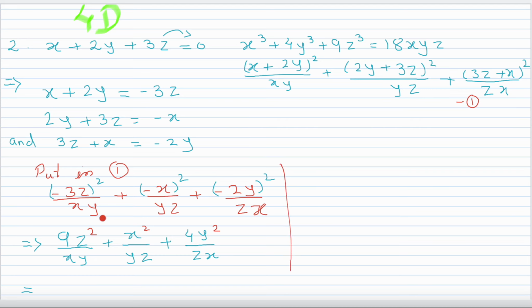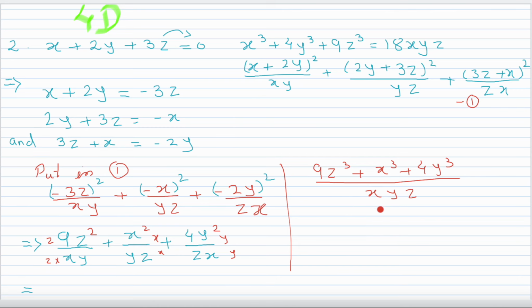Now what I'm going to do, as you can see here z is missing, so I'm going to multiply and divide it by z. Here x by x, here y by y, so I will get 9z cube plus x cube plus 4y cube upon xyz.